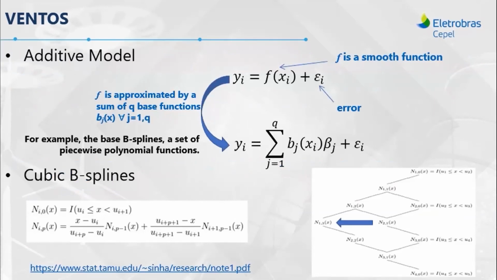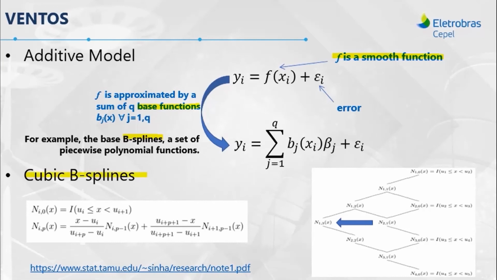So, as we know, if f is a smooth function, we can approximate f by a sum of basis functions, for example, the b-spline functions. In the Ventos model, we use cubic splines to represent our functions.